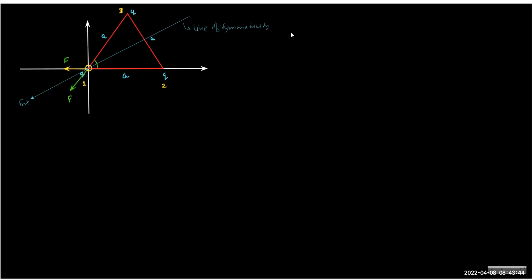Yes, sir. The net force is pretty simple, because we know this angle is 60 degrees, so this must be 30 and 30. So this is also a 30-degree angle, correct? Yes, sir. So the rule is we resolve all forces along the line of symmetricity and we just add them.